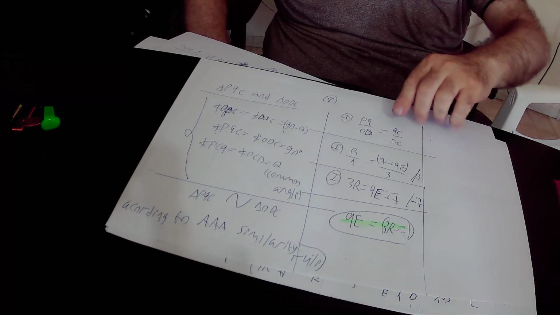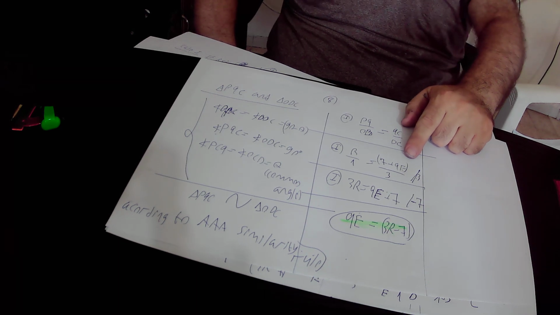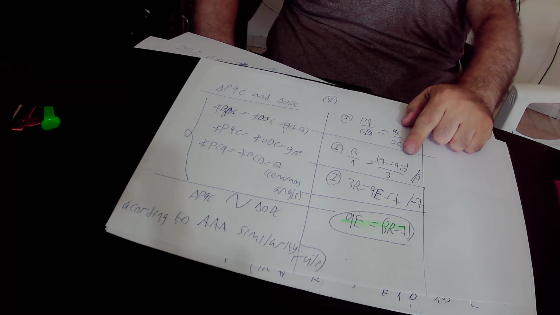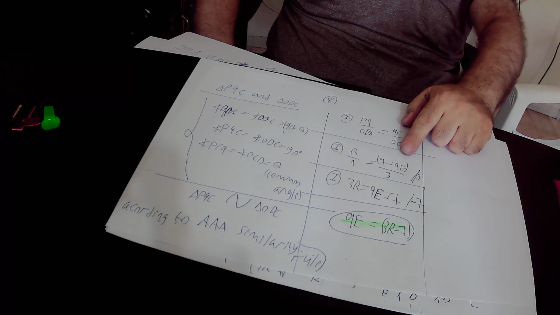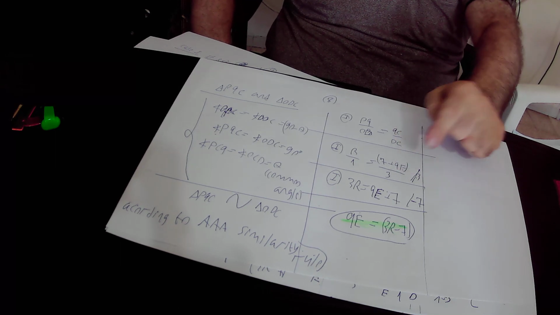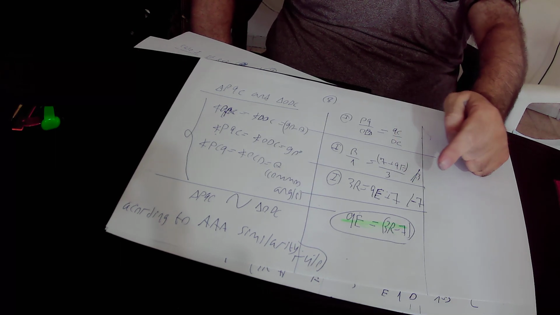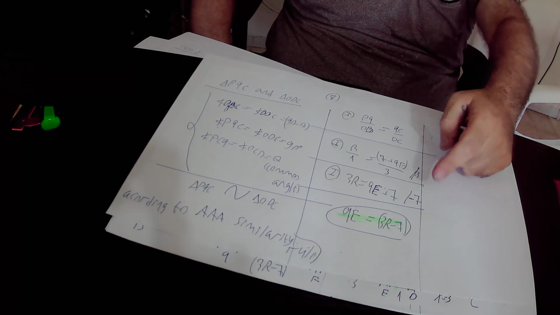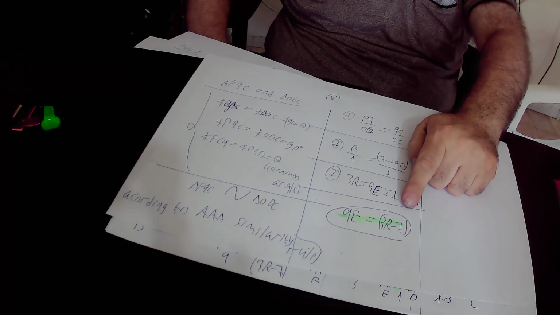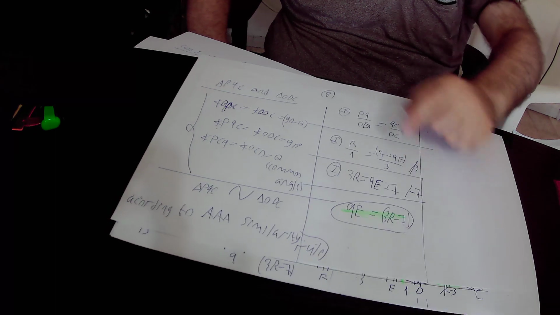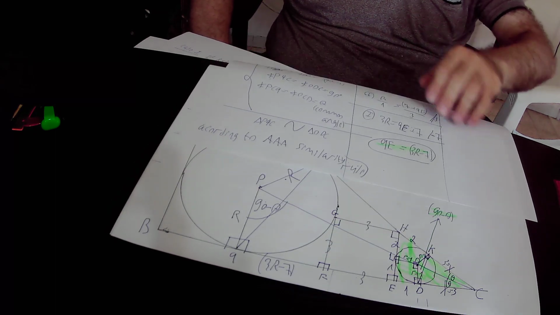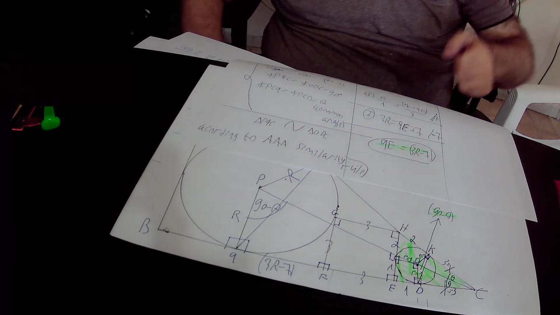And we got that R equals (7 plus QF) over 3. We multiply this equation number 1 by 3, and we found out that 3R equals QF plus 7. We subtracted 7 from this equation, and we found out that QF equals 3R minus 7.